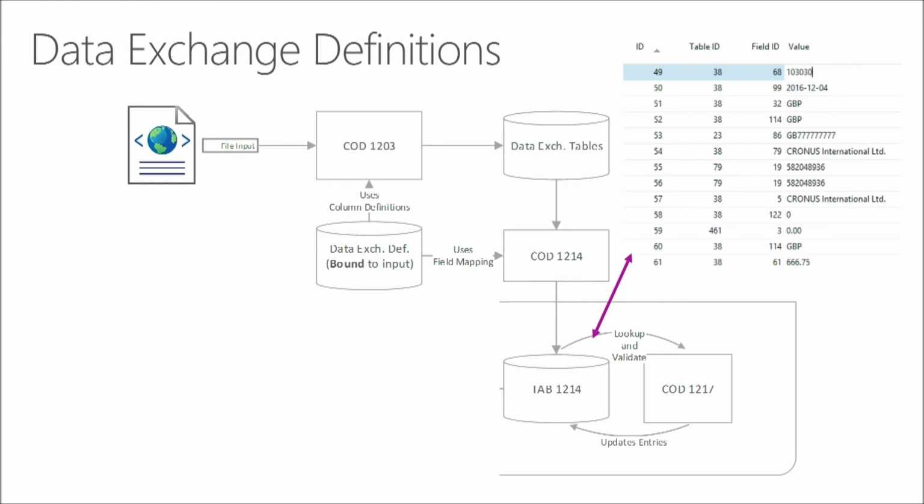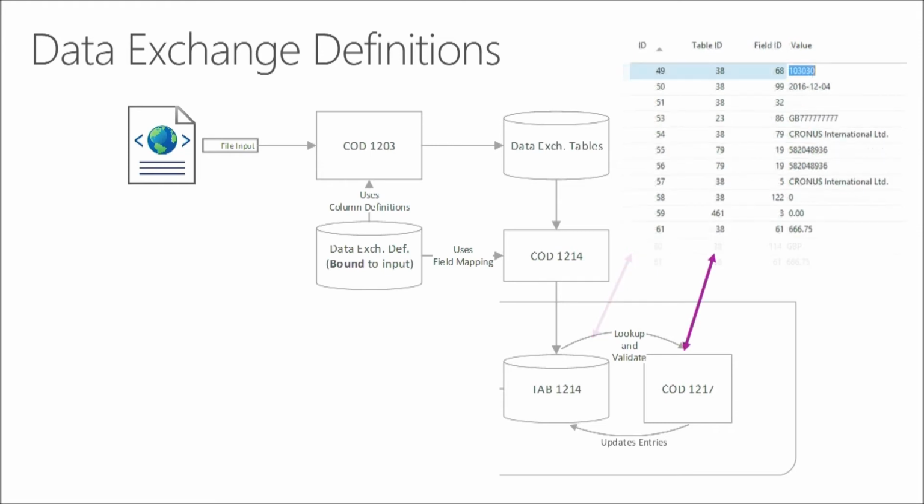And the data in this table looks like this. Actually, it tries to say this value should go into this table and to this field. But this is like unprocessed data because that's what we get from the file. But in our system, we should identify what's the customer, what's the item, and so on. So for that, we have codeunit 1217 that will process the data further.